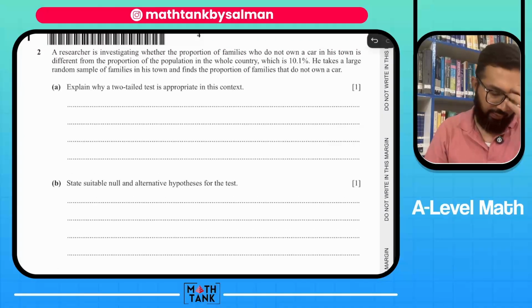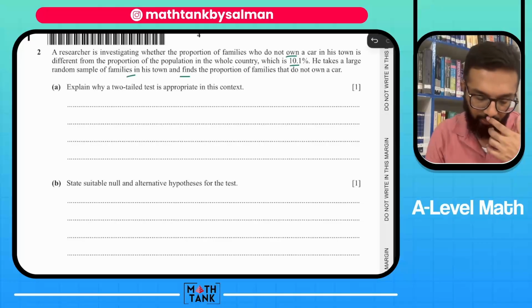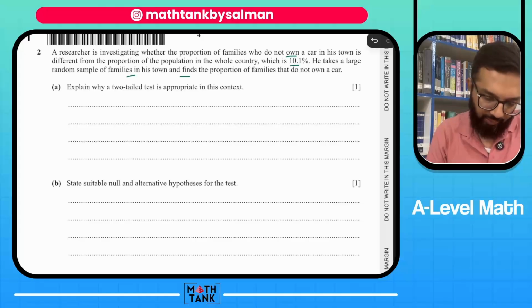A researcher is investigating whether the proportion of families who do not own a car in his town is different from the proportion of the population in the whole country, which is 10.1%. He takes a large random sample of families in his town. Explain why a two-tailed test is appropriate in this context.